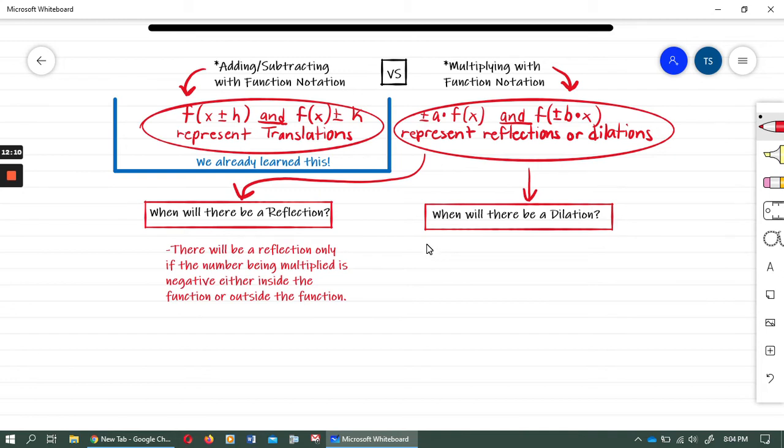If the absolute value of that number is anything other than 1, then it is a dilation. Now, remember that the absolute value of any number is going to be a positive result.